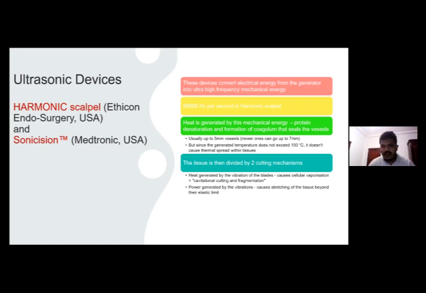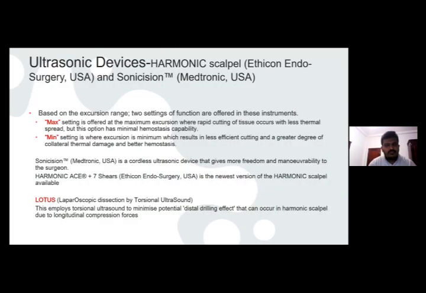And then after making this coagulum, the tissue cutting could be done by two mechanisms. One would be the heat produced by the blade, and the other one would be the power generated by the vibration causing the stretching. When we further talk about the harmonic scalpel, it came with two excursion ranges, maximum and minimum.